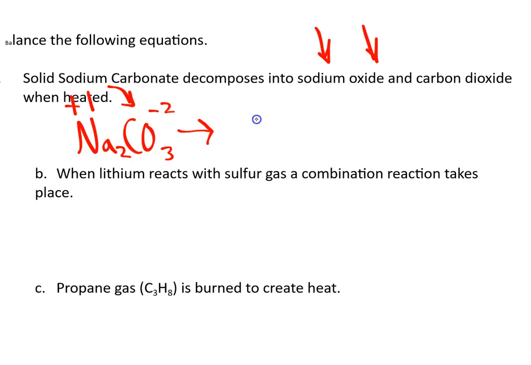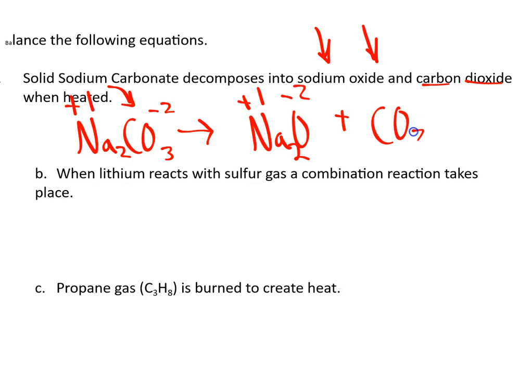and then I have to find the formula of these. So sodium oxide, it's Na and O, +1 -2, Na2O. Plus carbon dioxide is just something you should have memorized. We'll learn tomorrow how to write the formulas for those. They're pretty easy. It's CO2. And then you would balance.